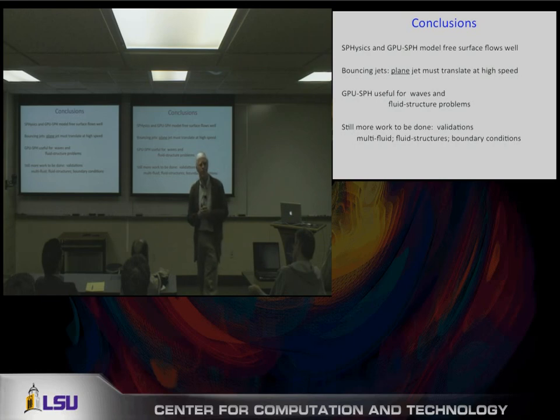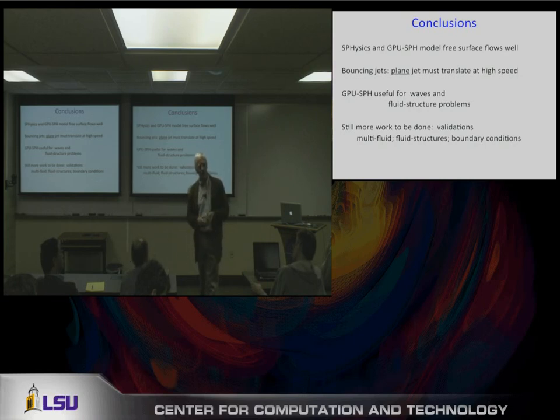So what about open boundary conditions? We can do periodic boundary conditions, and with the lava flow, that was a vent. What we're trying to do now is a high-speed vent, so we have to have a continual influx of particles, and we haven't worked that out yet.